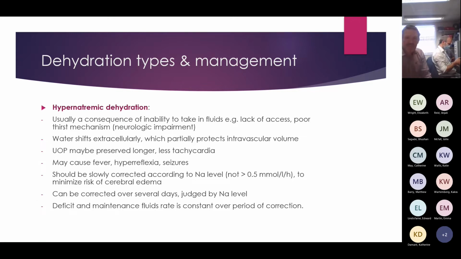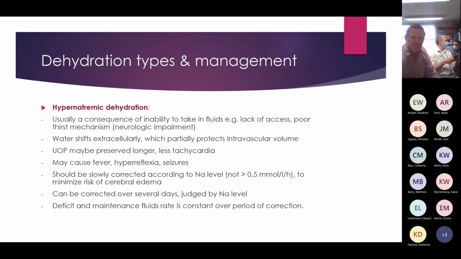Deficit and maintenance fluid rate in this type of dehydration is usually constant over the whole period of correction. So we don't give the deficit therapy like we did in the other types of dehydration. For example, we said half of the deficit therapy would be over 8 hours and the other half over 16 hours, and the maintenance 1/3 over the first 8 hours, and the remaining 2/3 over the next 16 hours.